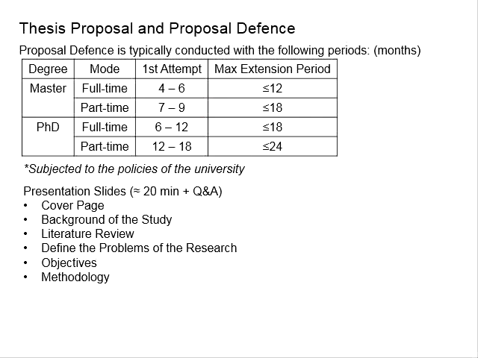There are conditions that you can extend the period, or probably you need to redo the second time proposal defense. These are the limits. Of course, this is subjected to the policy of different universities. The one here is an example to you. The point here is you should check with your postgraduate school for the relevant policies.